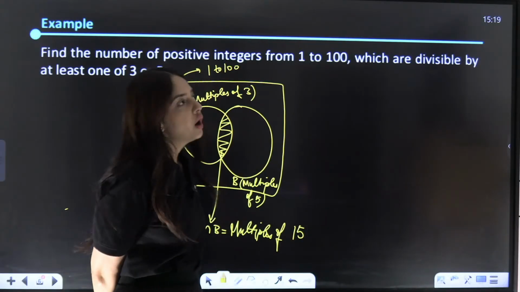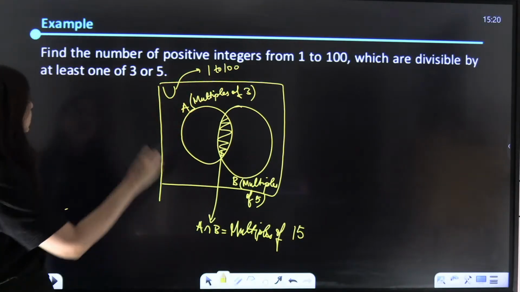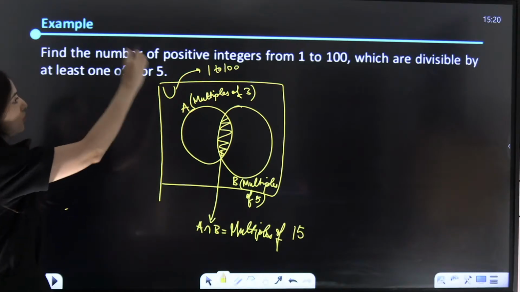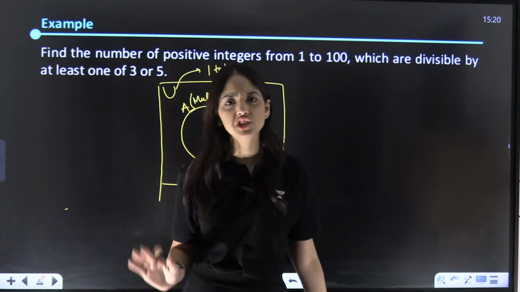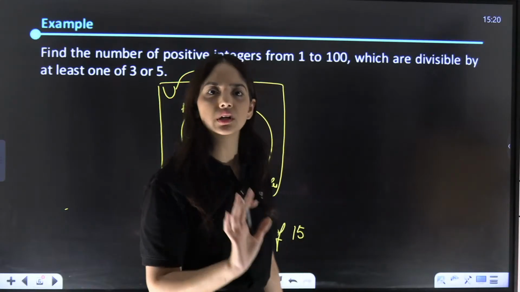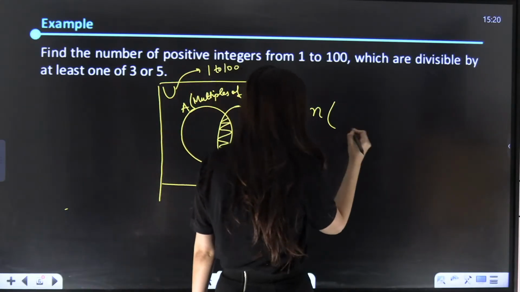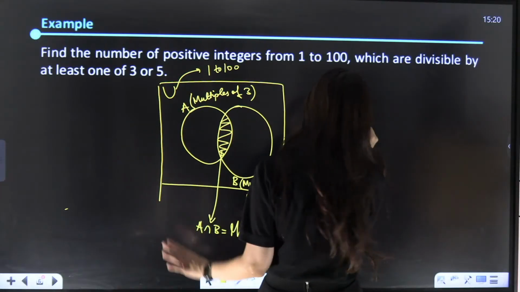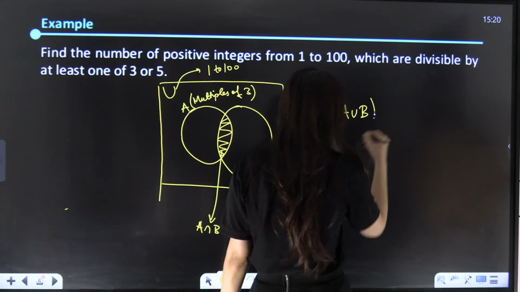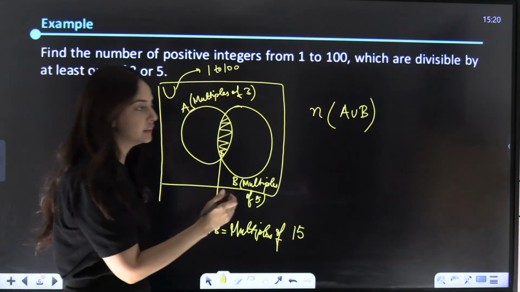So now what do we need to calculate? We need to calculate the number of positive integers. We don't want to see which integers are there. We need to count the number of integers, the number of elements in either A or B or both, at least one of them. That means we need to calculate this.